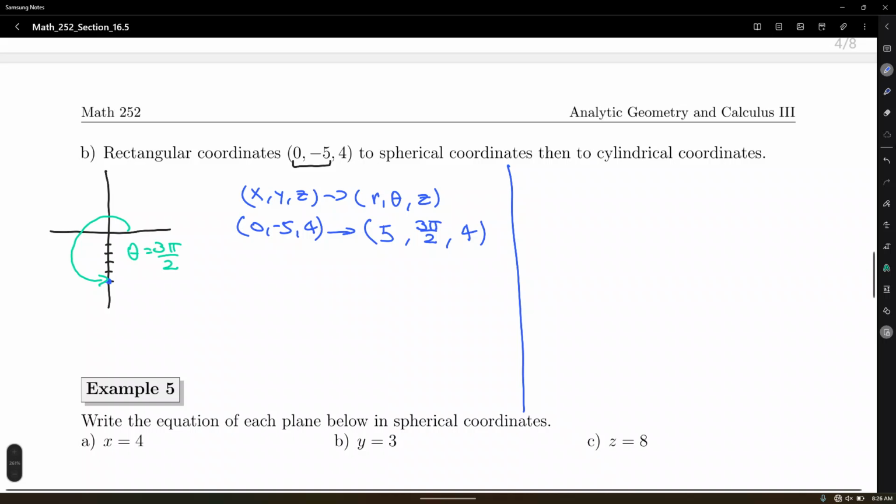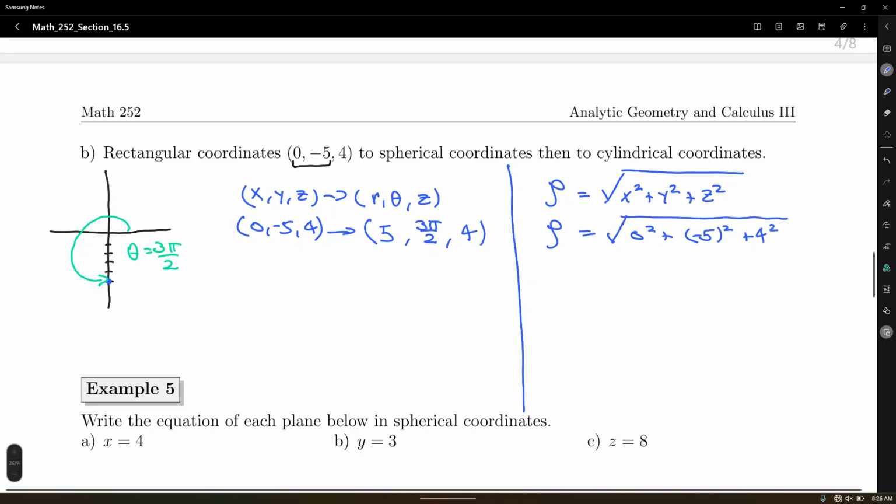We could figure out rho first. That's the square root of x squared plus y squared plus z squared. So rho is the square root of 0 squared plus negative 5 squared plus 4 squared.